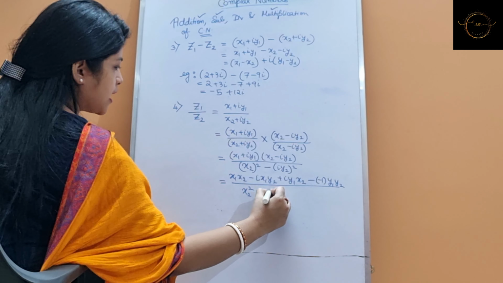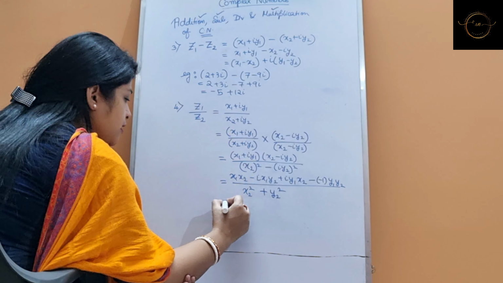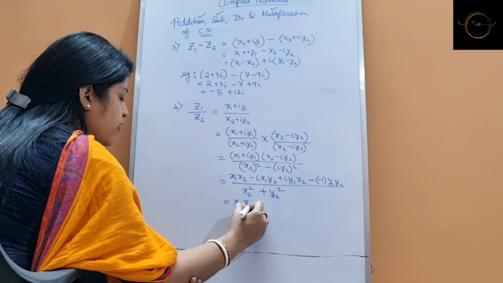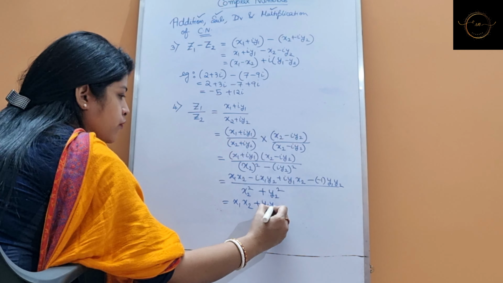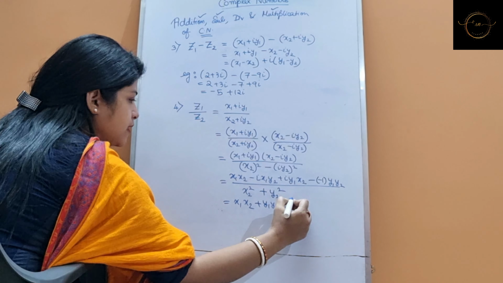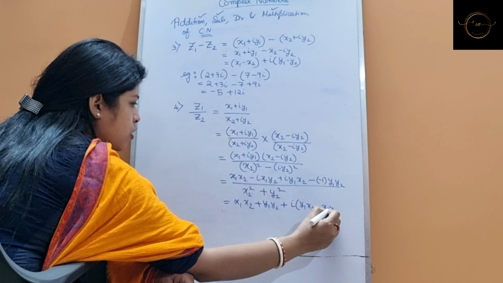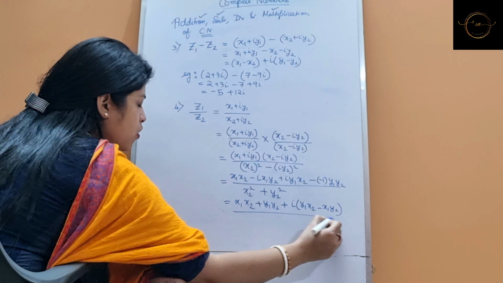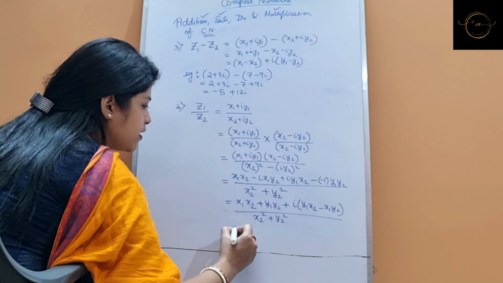So together it will come at the end plus y2 square. Now this will be equal to x1 x2 plus y1 y2 plus, if you take i common, i into y1 x2 minus x1 y2, whole divided by x2 square plus y2 square.